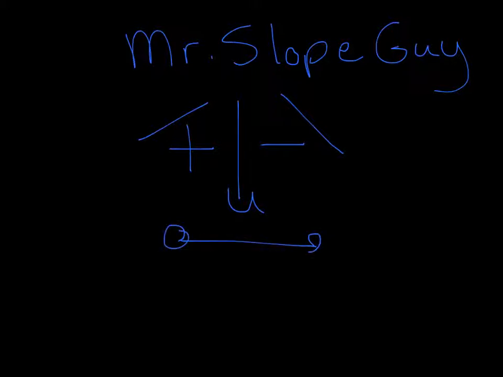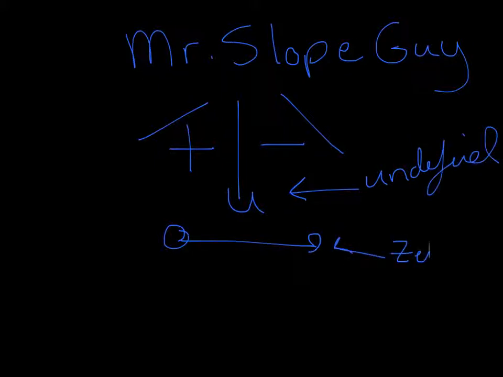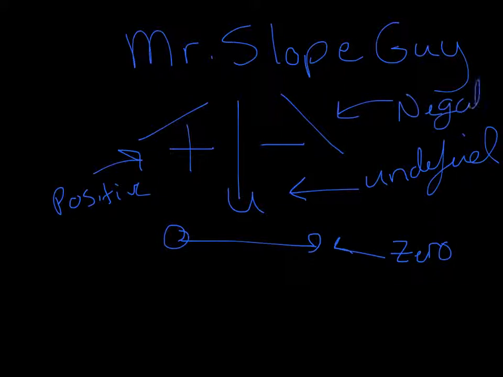He's been doing this algebra stuff for way too long. So that nose symbolizes undefined, and this mouth represents zero slope. And then over here is your positive, and over here is your negative slope.